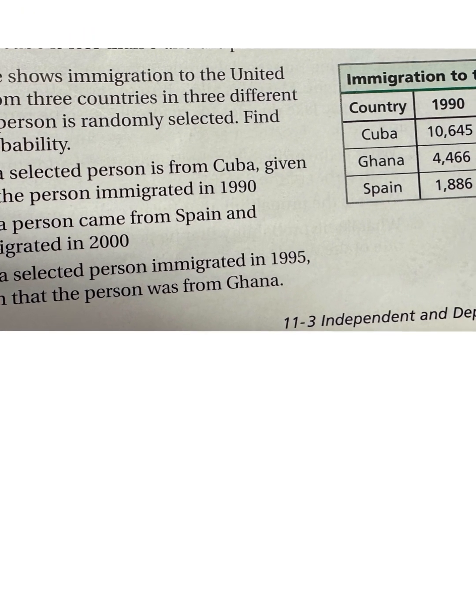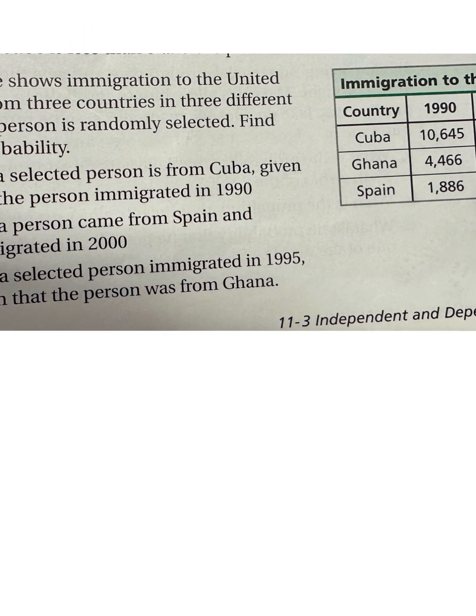This one should be a little bit easier to figure out. I'll do one with you, and I think you could figure the rest out. The reason why this is dependent, by the way, is because we have the number of people that immigrated from Cuba in 1990, or from Cuba in 1995, or from Cuba in 2000.